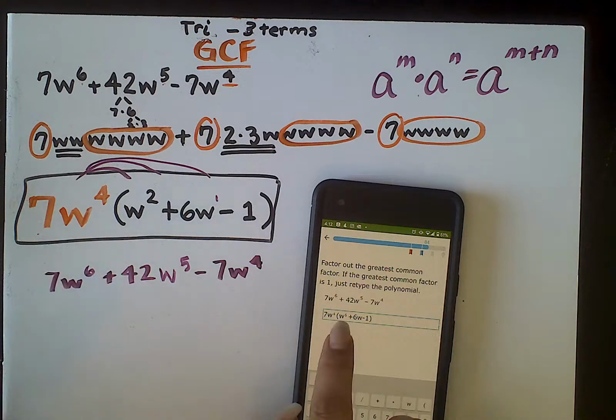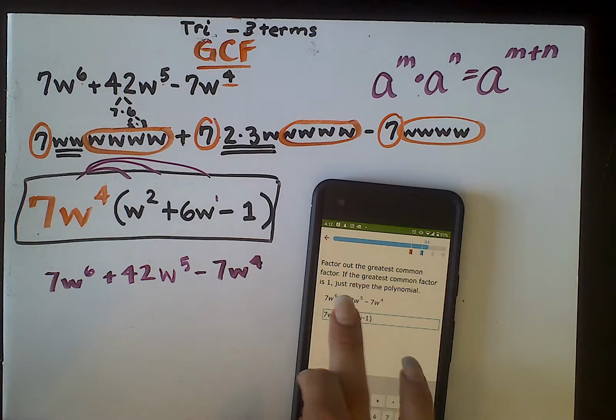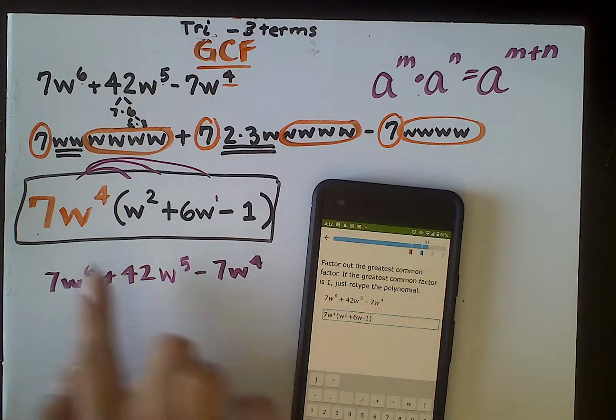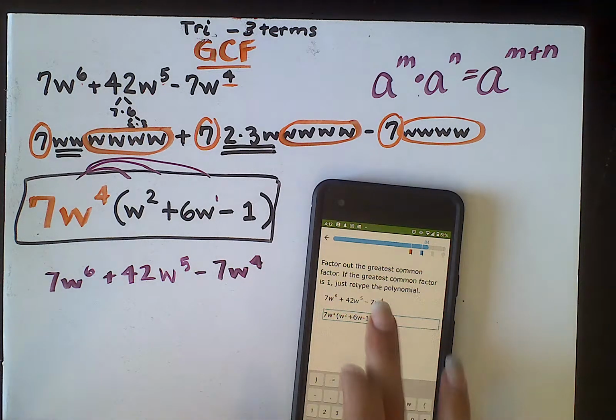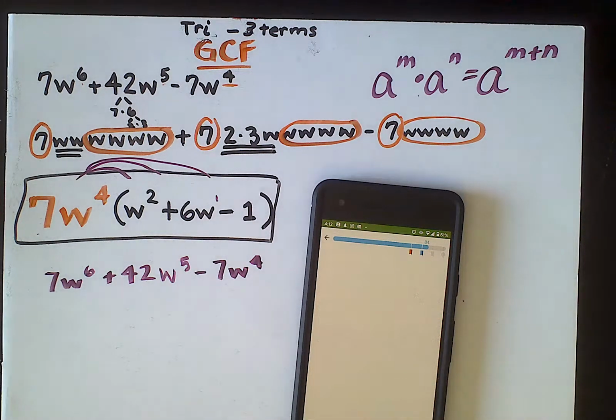Okay. Just double checking. Why did I put to the sixth there? Fix that. That should be a 2. Good thing I double checked my work. Okay, 6w and then minus 1. All right. Submit.